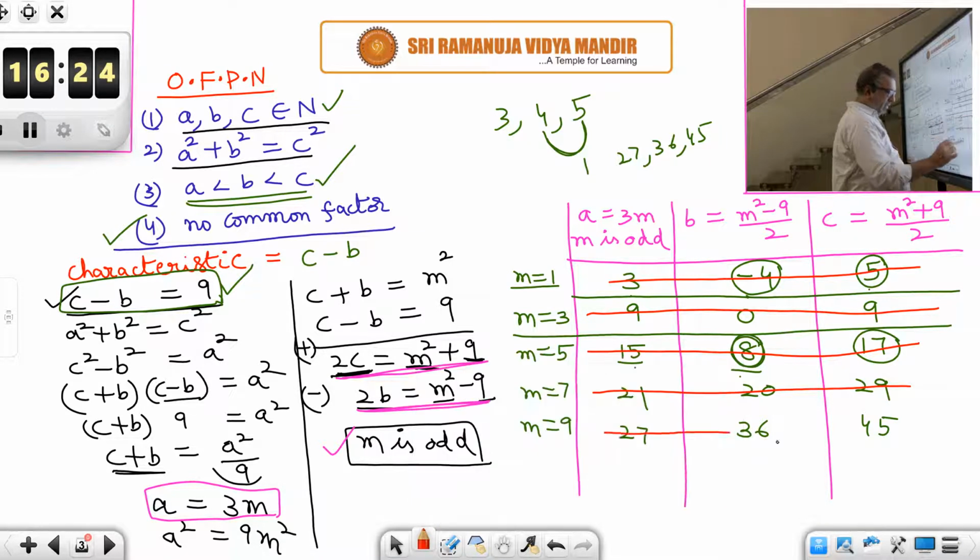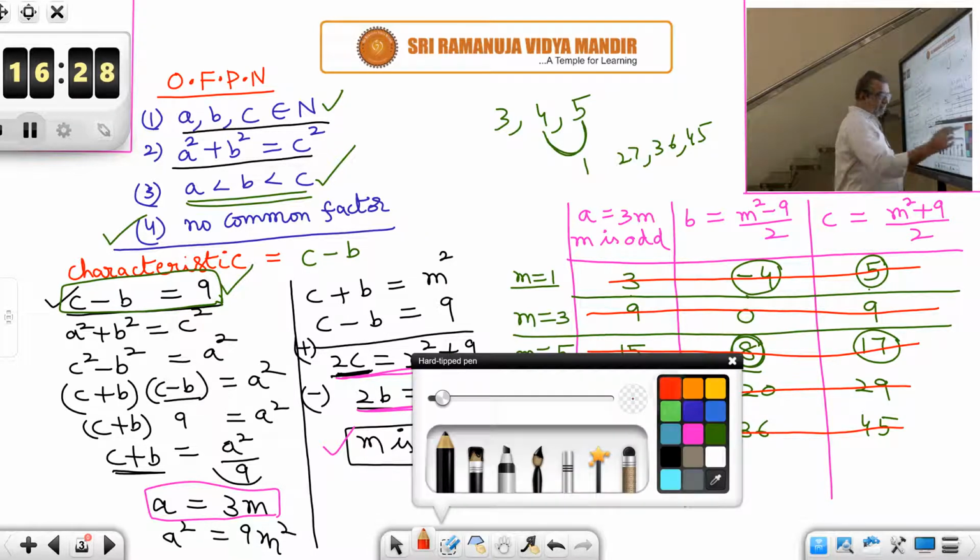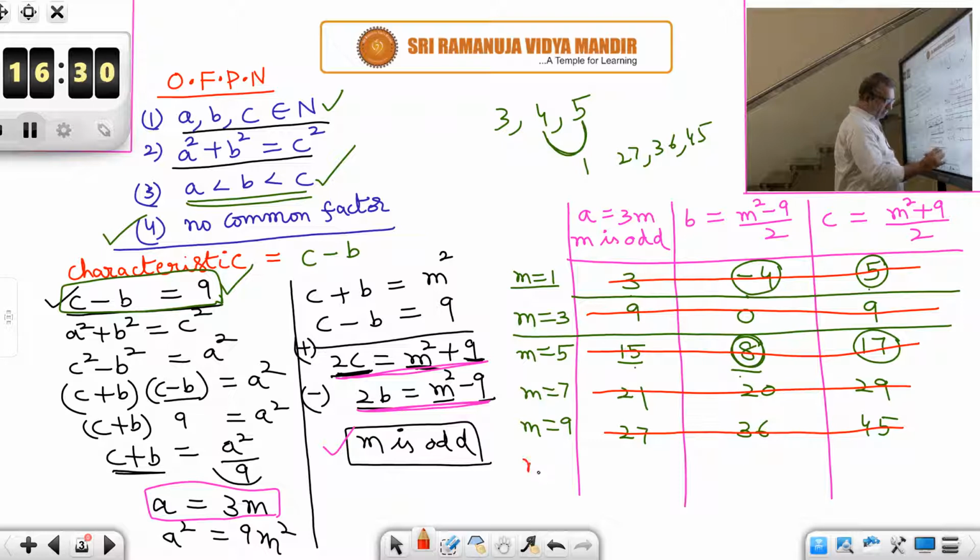Okay, I think the next one will give you the topmost one. So, M equal to 11. 3 into 11, 33. 11 square, 121 minus 9 by 2, 112 by 2, that is 56.